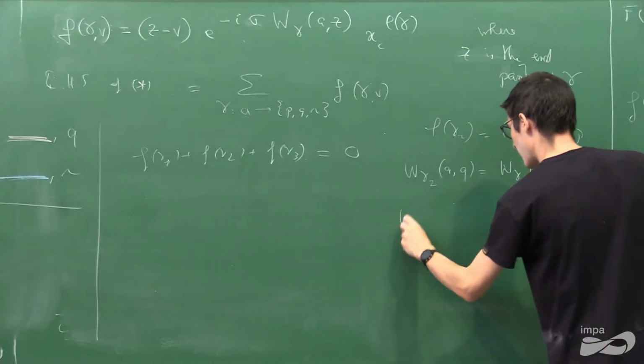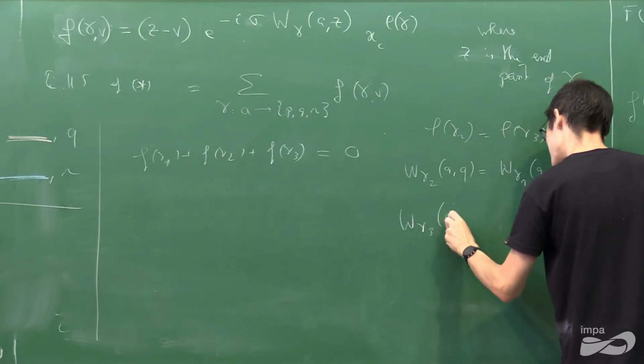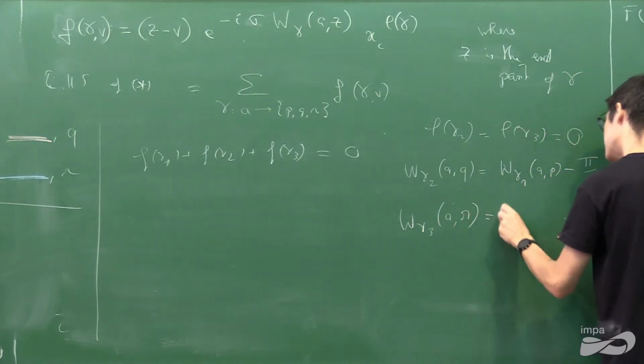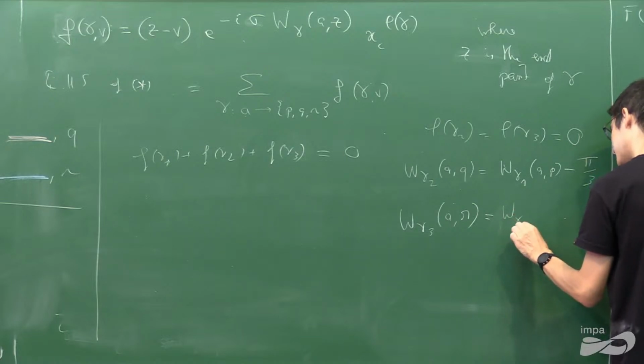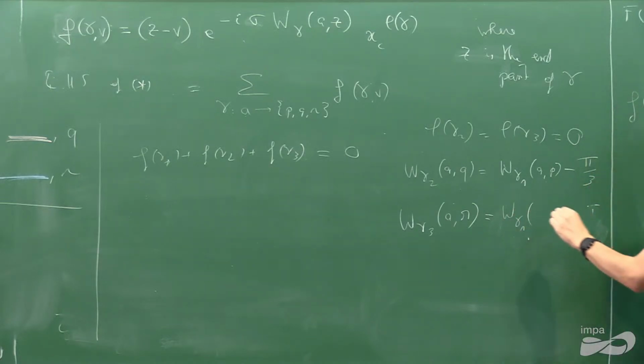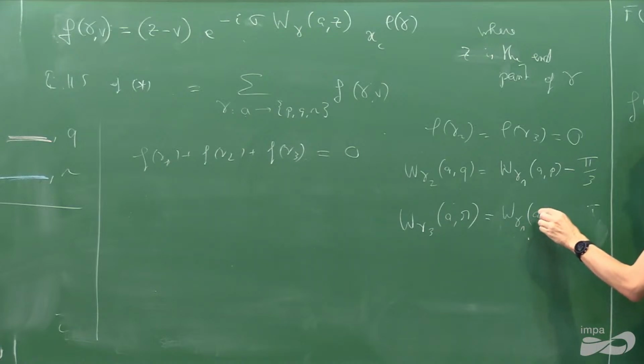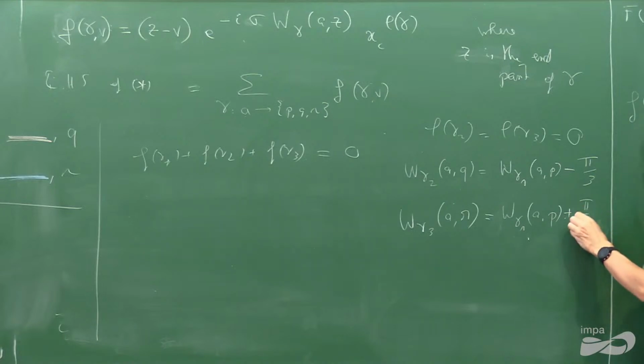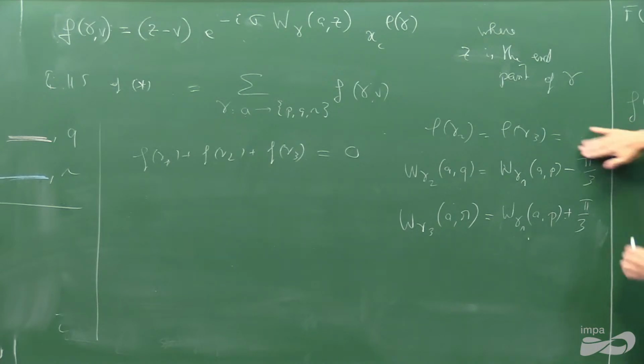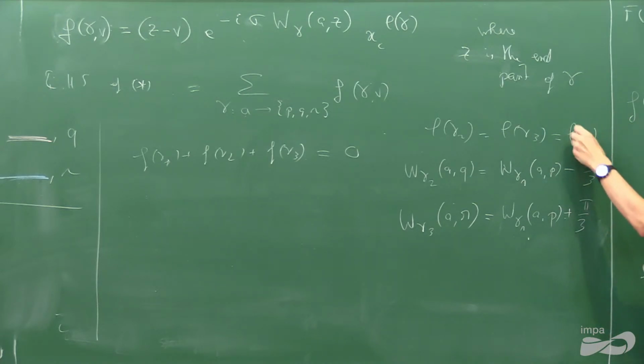And the winding number of gamma 3 between A and R is equal to the winding number of gamma 1 between A and P plus pi over 3. Now if I look at f of gamma 2 and f of gamma 3, I will have basically 3 differences. Sorry, I don't know why I wrote that. This is L of gamma 1 plus 1.